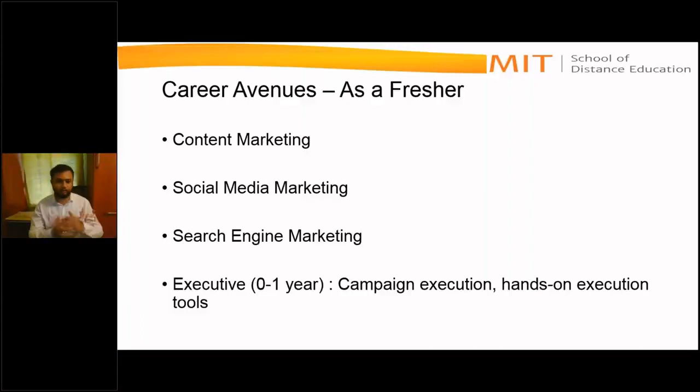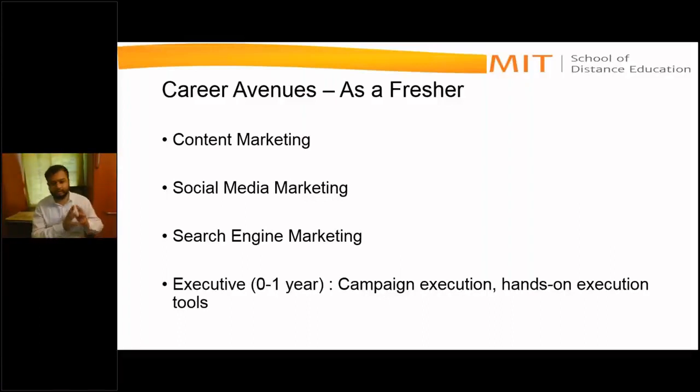Maybe you're an entrepreneur or working for a brand. It's divided into three main categories. One is content marketing, second is social media marketing, and third is search engine marketing. There are various job roles that are divided amongst these three groups. Content marketing is where you create effective content according to the brand guidelines.